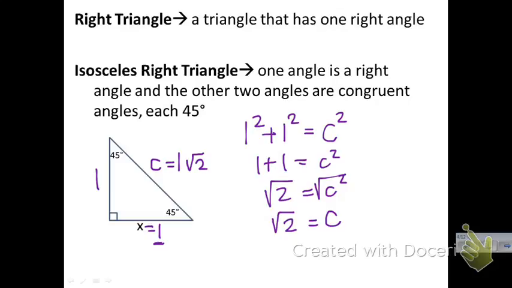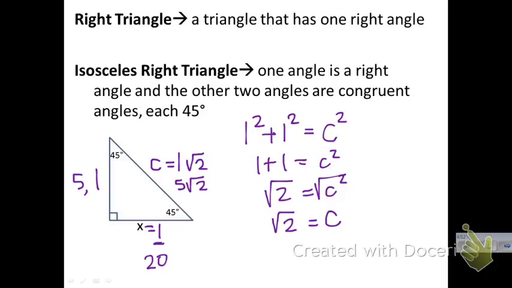So then we talked about, well, what if this side, instead of 1, what if it's 5? Well, it would make the other side 5, and it would make the hypotenuse 5 root 2. So then we said, well, what if this side, instead of being 5, what if it's 20?